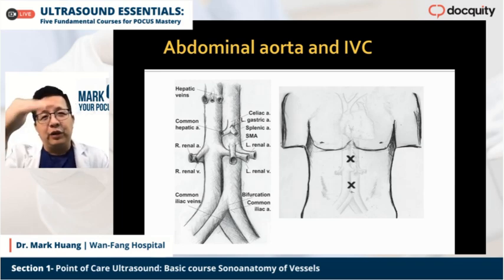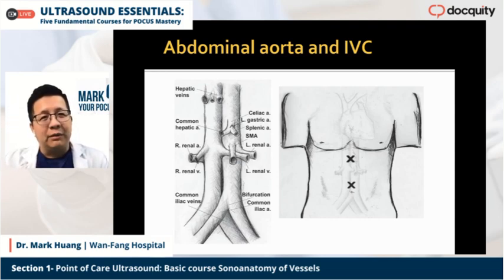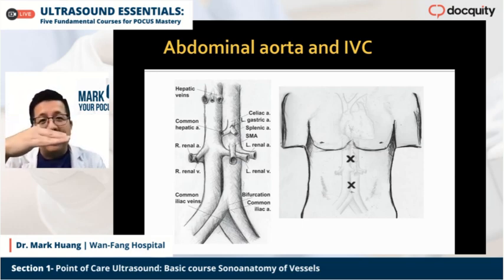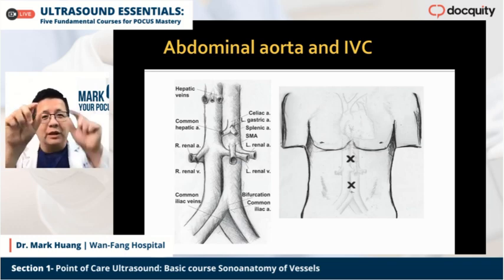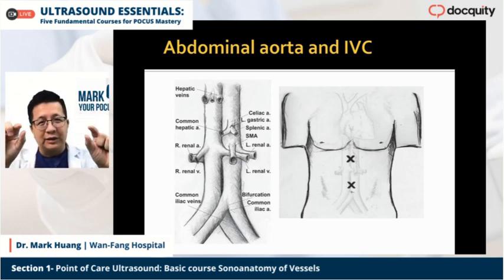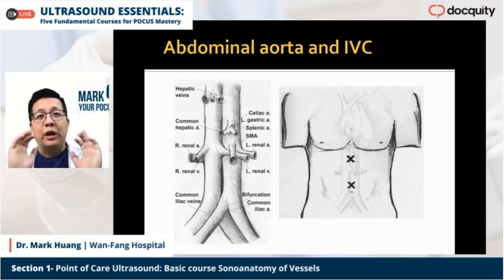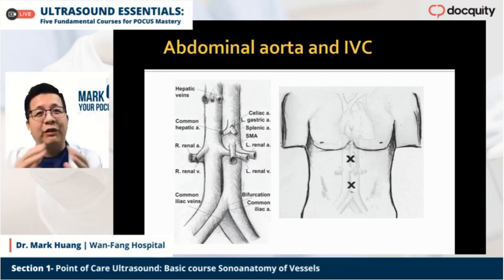Then you can move your probe downward a little bit, and you will find the SMA immediately. Then you move your probe to the end of the aorta, and it becomes the two common iliac arteries. I try to make it easy for you to remember. So that's very important, the main trunk.